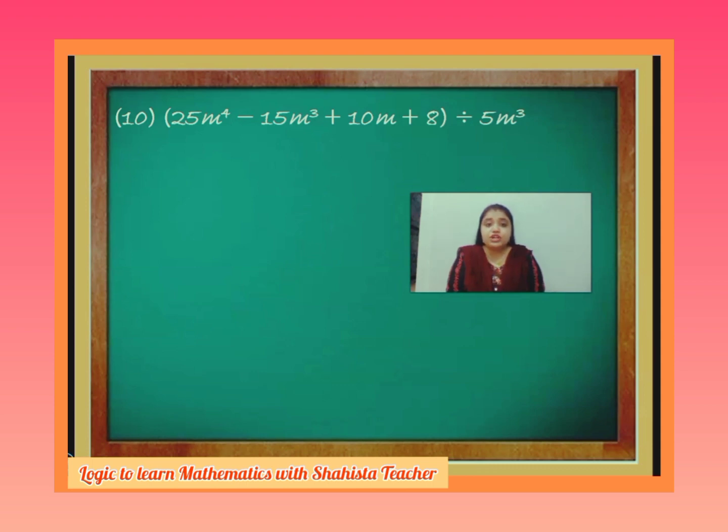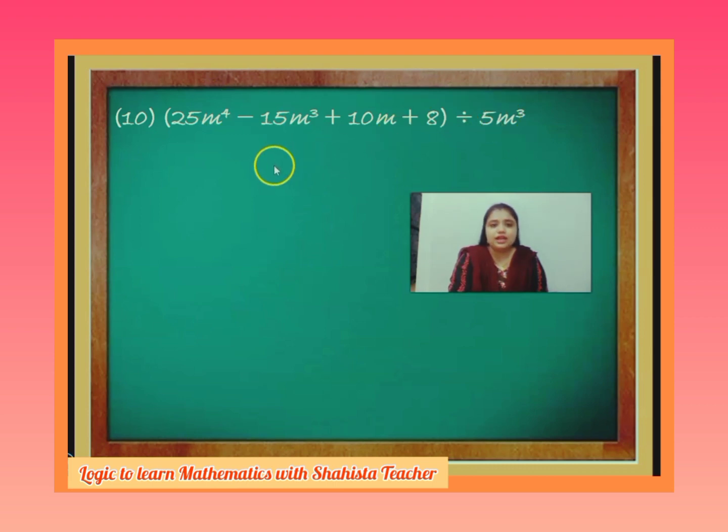There are 4 terms given, so it is greater than a trinomial. Now we have to divide all this by 5m cube. So keep 25m raised to 4 minus 15m cube plus 10m plus 8 as the numerator, and 5m cube is the denominator.